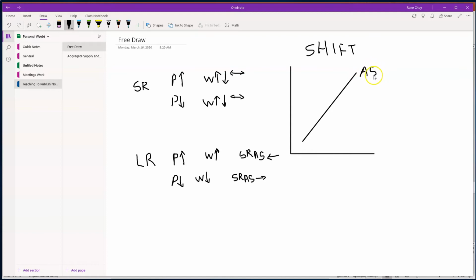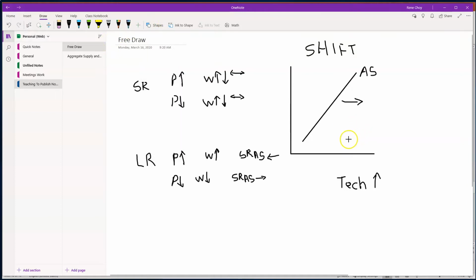An example of something that could create a shift is a change in technology. If there's increasing technological activity, in the sense that we discover some brand new technology that makes us more efficient, then an increase in technology will make the short-run aggregate supply shift to the right.